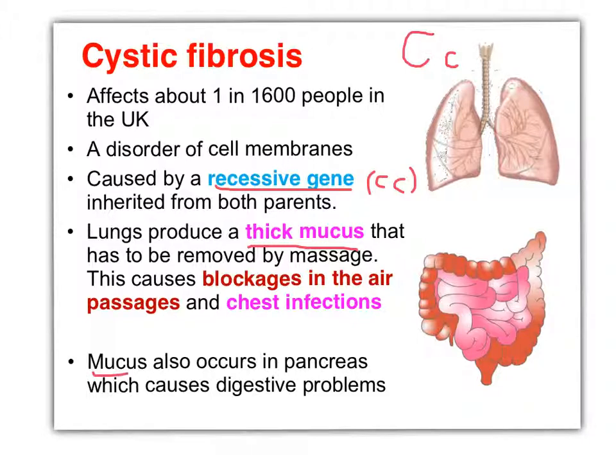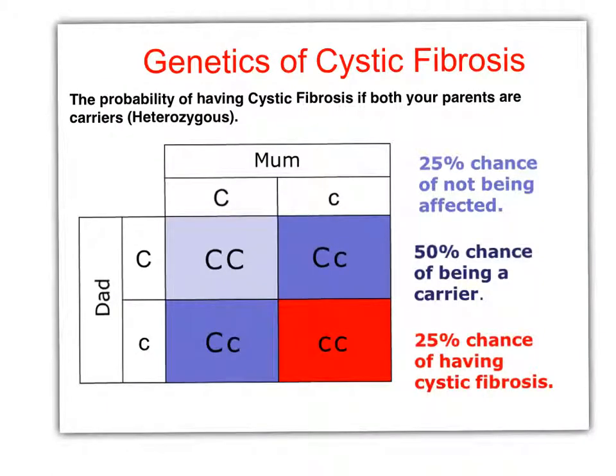Now, mucus can also occur in the pancreas, which means you can't release enzymes, which can then cause digestive problems. So again, you could be asked to predict the probability of having cystic fibrosis if both of your parents are carriers. So that means they carry one copy of the defective allele. So again, these are mum's gametes and this is dad's gametes.